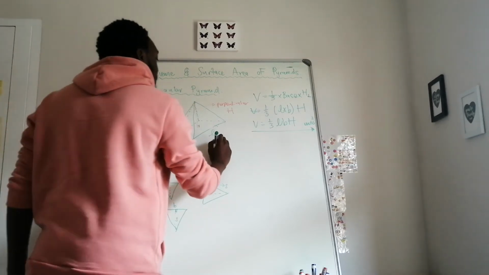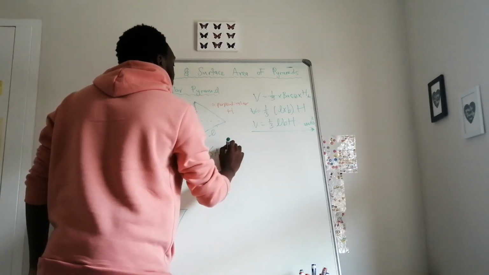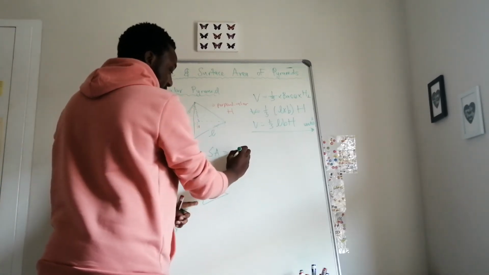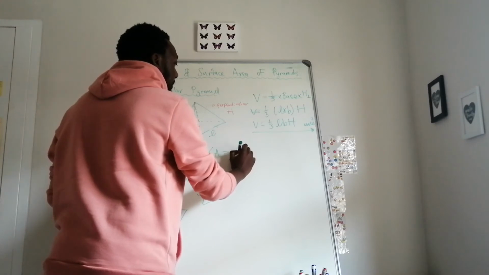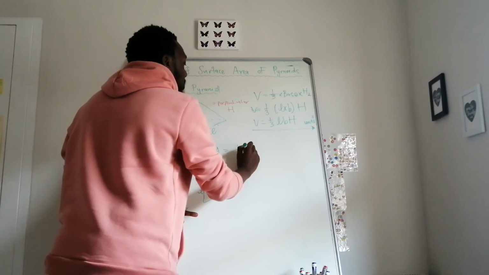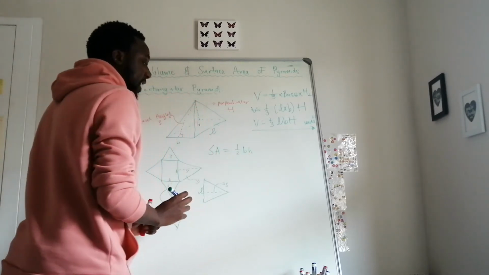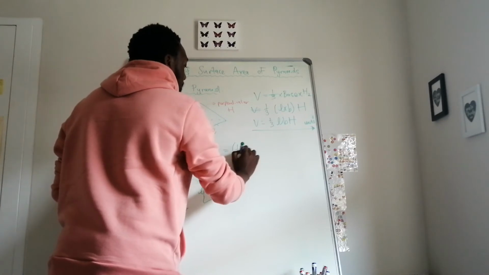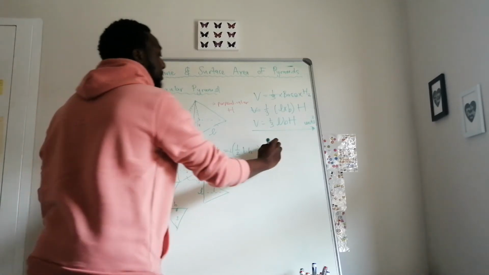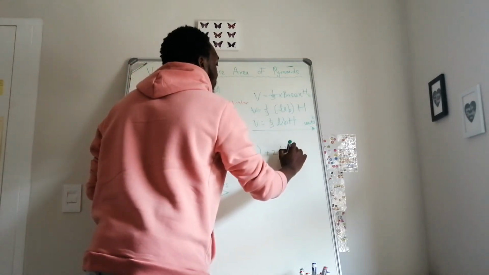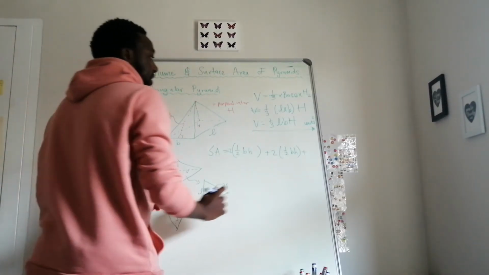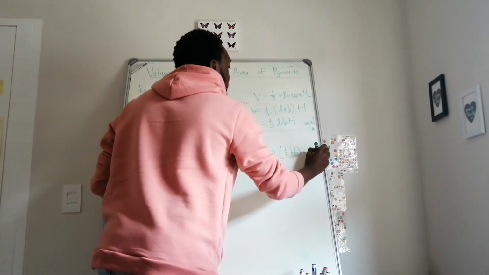So how do we write that? Surface area is equal to the area of this one multiplied by 2. It's a triangle, so it's half base times height, and we need 2 of them, plus 2 of this one, half base times height as well, plus the area of this rectangle, which is just length and breadth.